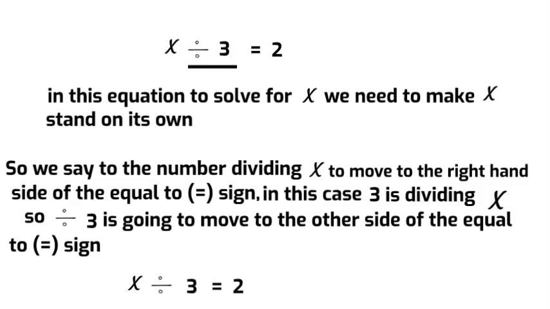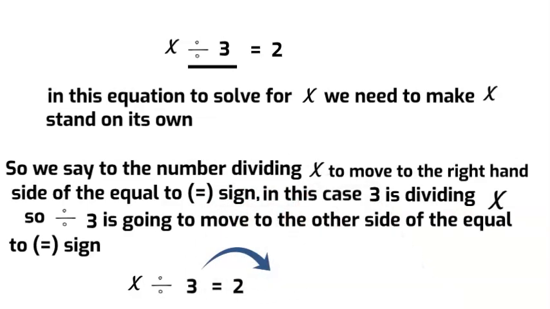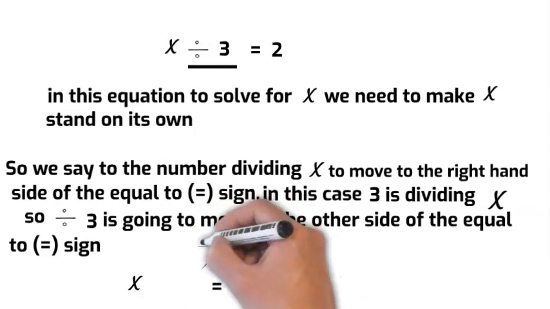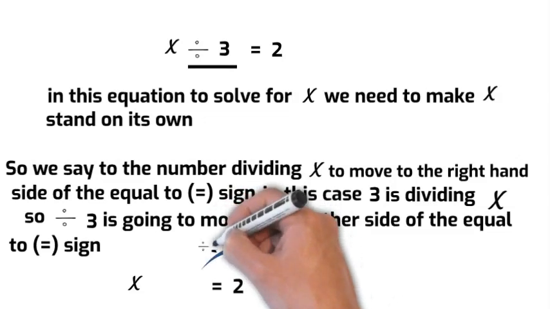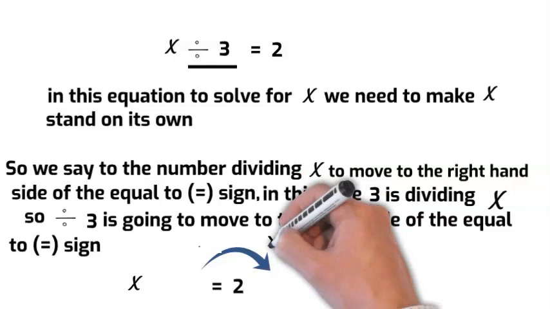To solve, divisor 3 needs to move across the equal to sign, leaving x alone. Watch how it moves. Divisor 3 is about to cross the equal to sign.